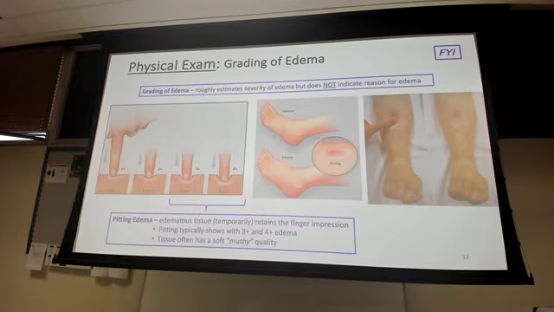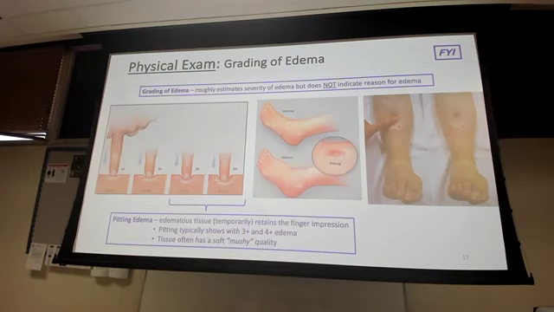And then there's ways of grading edema, and we call this pitting edema. If you've ever seen patients, if you were medics before, a patient comes in and they have swelling, typically in their legs, from a number of issues. You can press on that tissue, hold down pressure, and when you lift that finger up, it's going to leave an indentation, a mark.